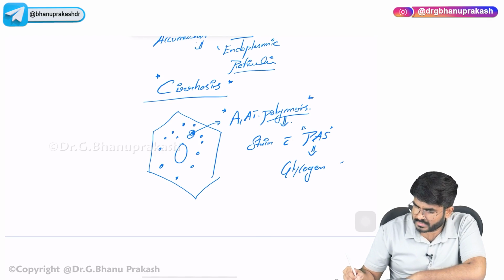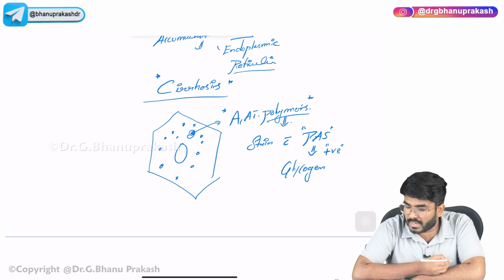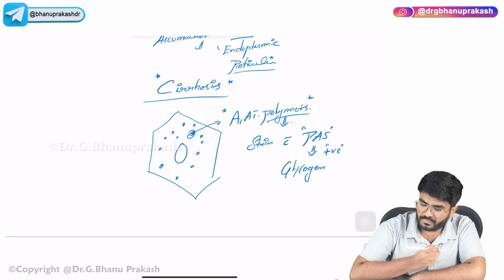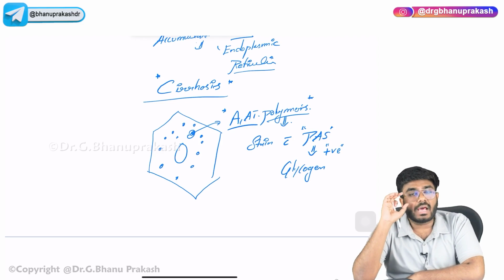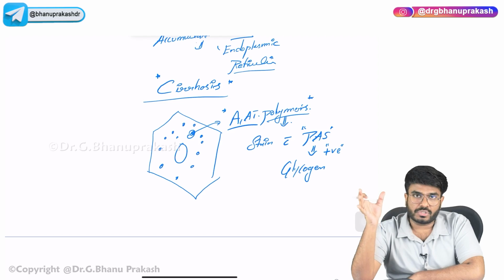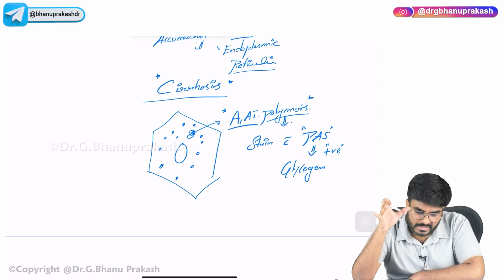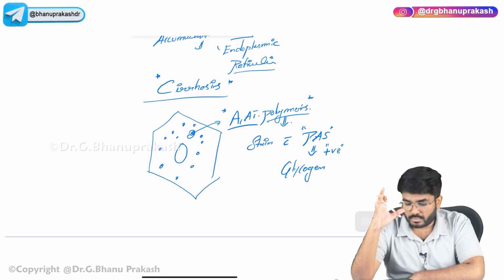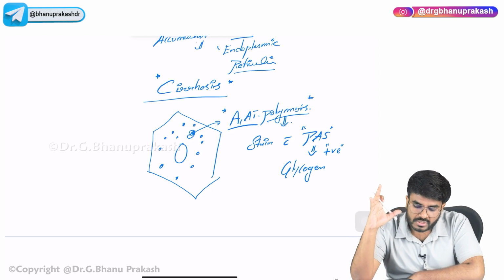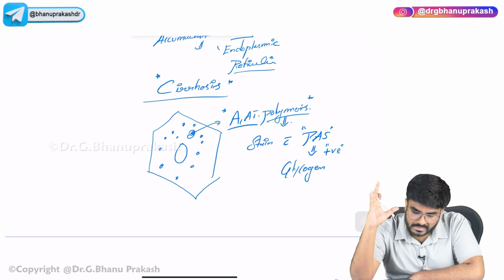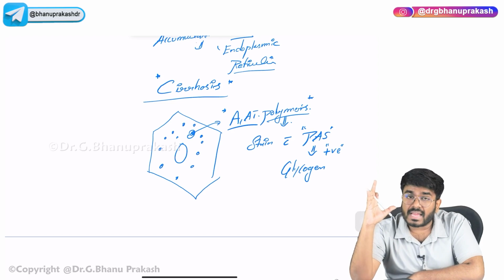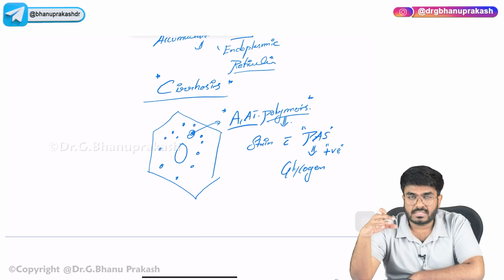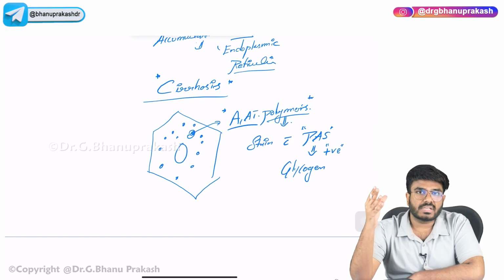Glycogen stains with PAS, but it is diastase sensitive. When you add diastase, the glycogen loses its color.